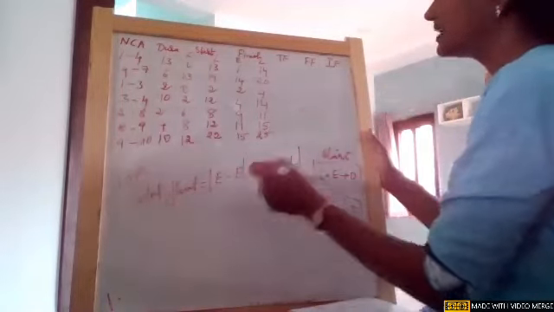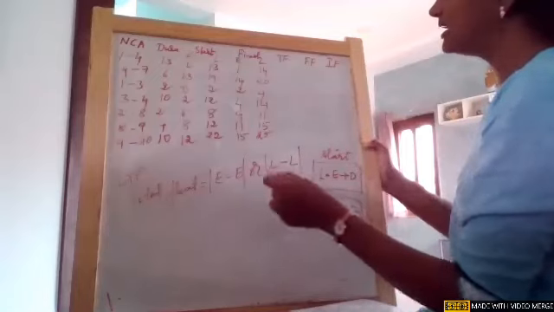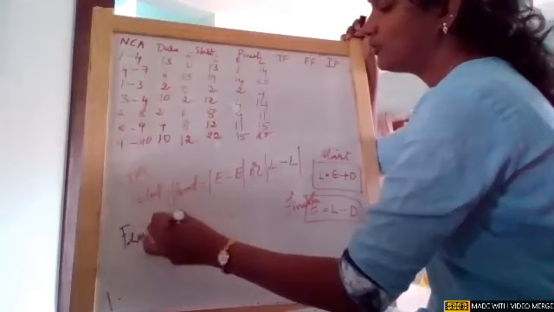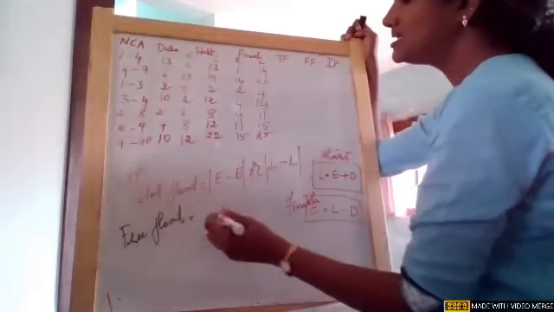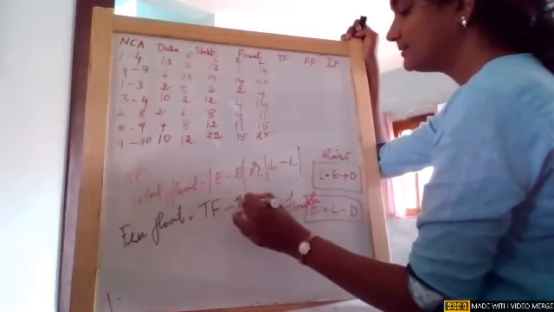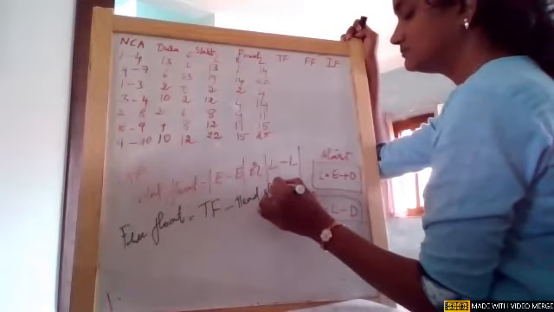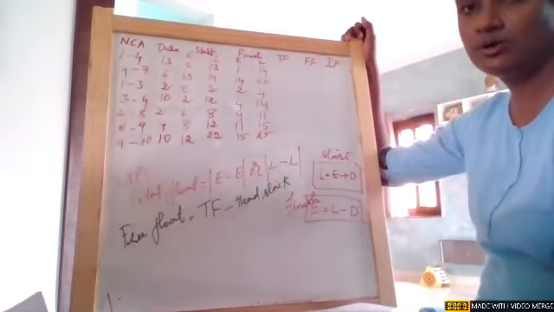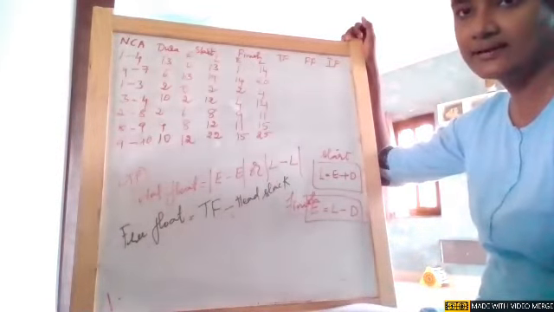Free float, FF stands for free float. It is total float minus head slack. What is that head slack? I'll let you know. Total float minus head slack.